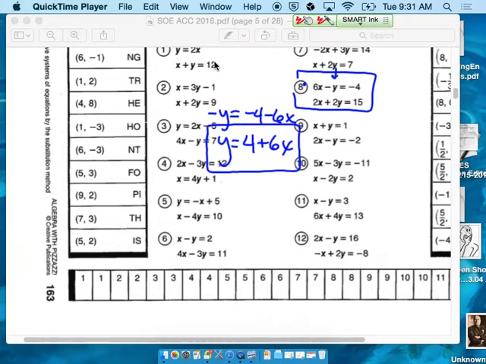And then I can take this to the second equation, and in place of y, I would have 2x plus 2, and in place of the y, I'm going to slip in 4 plus 6x. And then I would set that equal to 15 and carry on from there. And I think that I will let you all take it from here on the video.